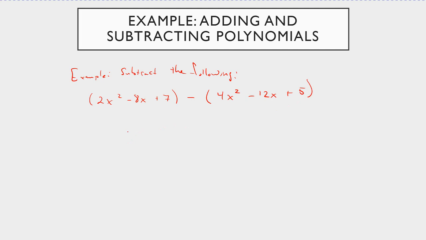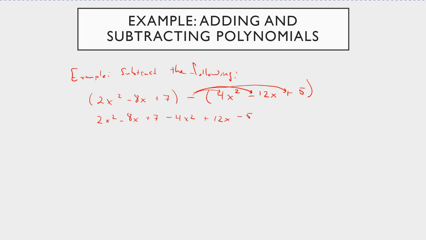The first thing I would recommend with subtraction is, look, the subtraction sign is in front of the parentheses, so let's distribute it first. I'm going to leave the first polynomial the same. Now I'm going to distribute. Negative here becomes minus 4x squared. Negative, negative becomes plus 12x. And then negative, positive becomes minus 5.